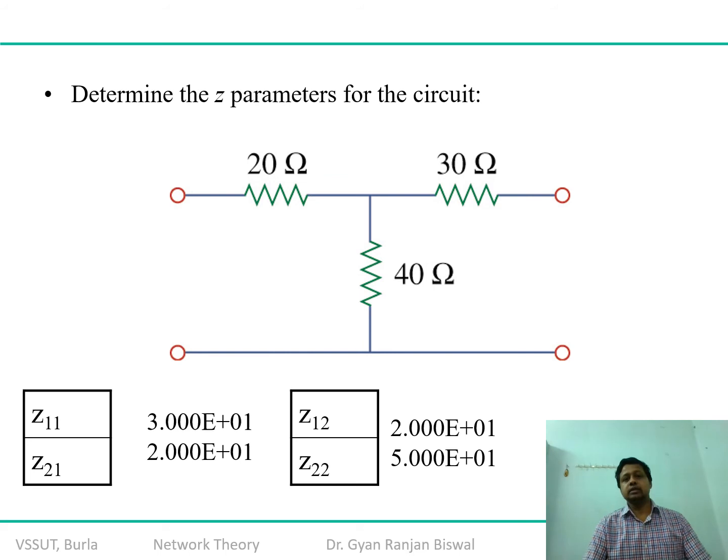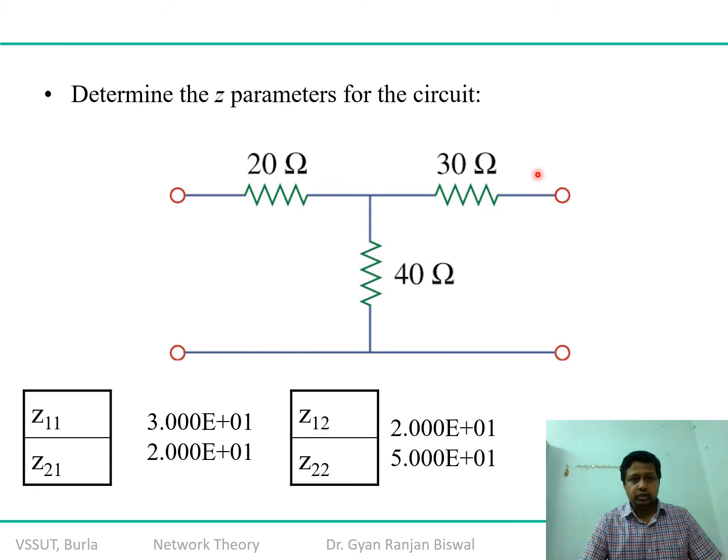The direction of flow should be on one side only. Like in this case, a T network is given. You can assume here that this is V1, this is I1, this is V2, and this is I2. When you apply the open circuit condition over here, you are assuming there is no contribution of I2.